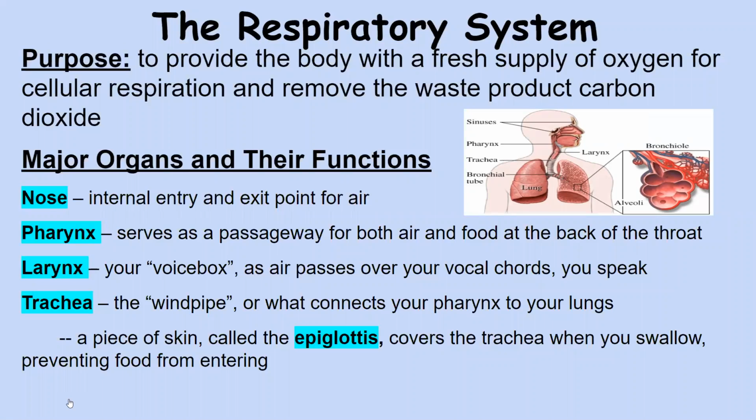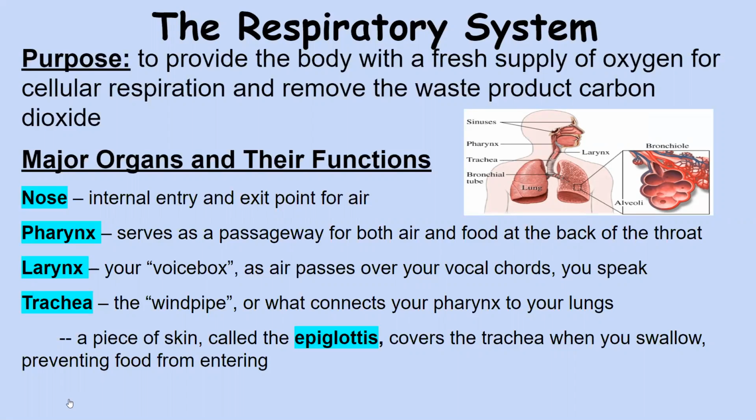So some of the major organs and their functions is your nose. That's your entry and exit point for air. Your pharynx, which is at the back of your throat. It serves as the passageway for both air and food. Your larynx, also called your voice box, is where the air passes over your vocal cords, that's how you speak.